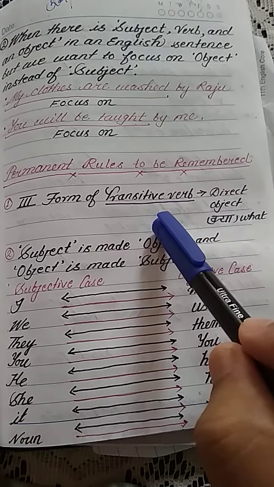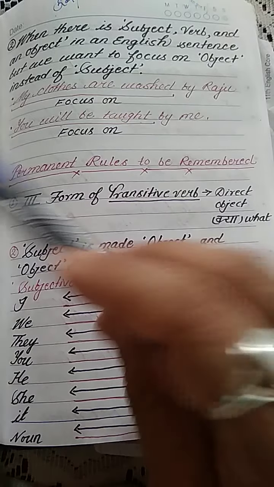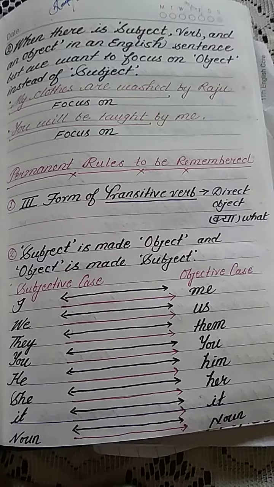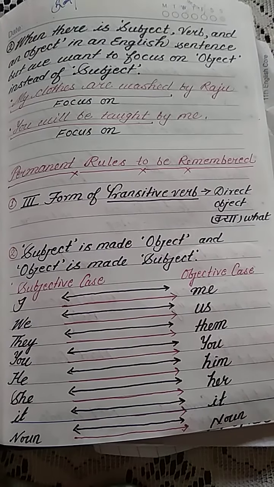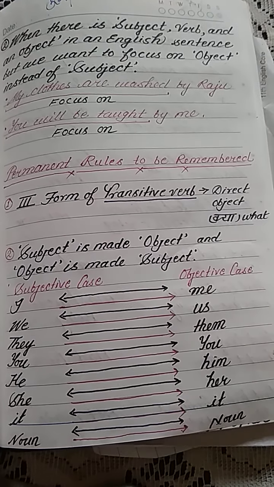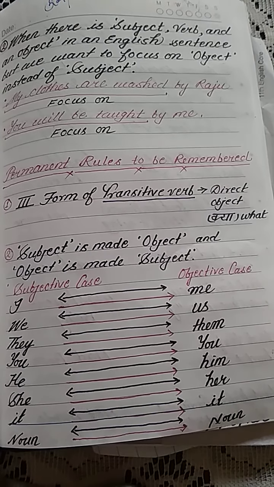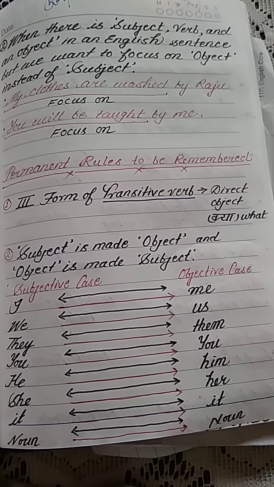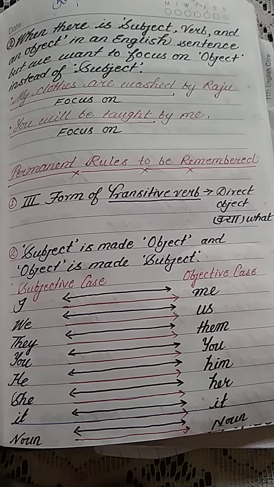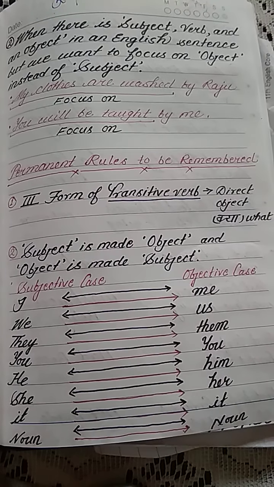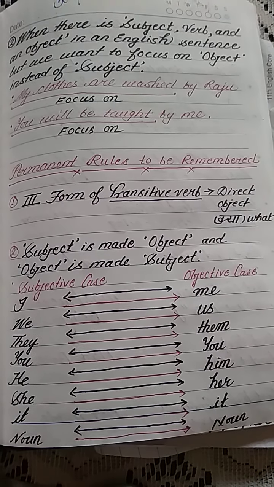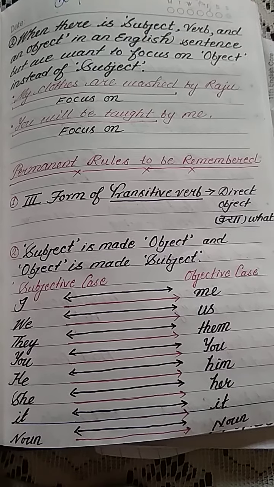For example, the earlier example you saw in the active sentence was Raju washes my clothes. Look at washes. Just after washes, it is necessary to mention what he washes. So wash is a verb which is followed by some object. That is called a transitive verb. There are so many verbs which need not any kind of object after them.